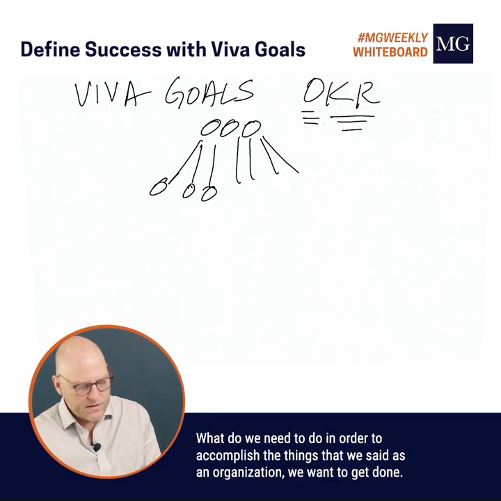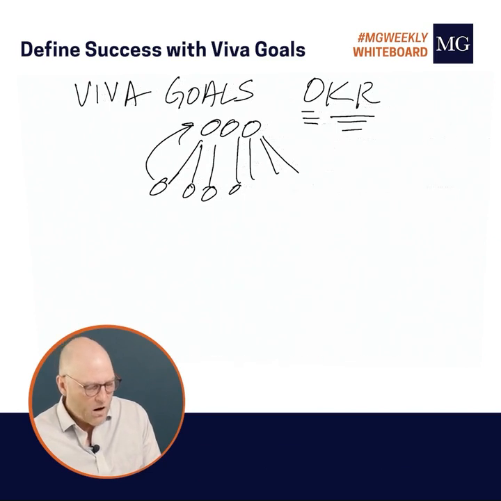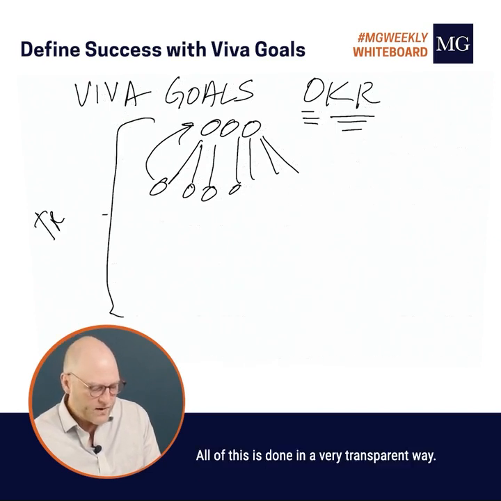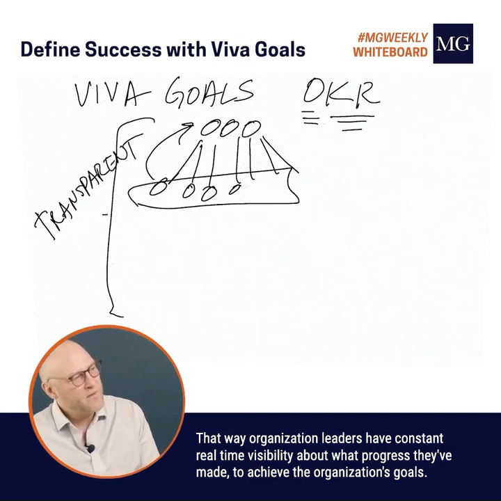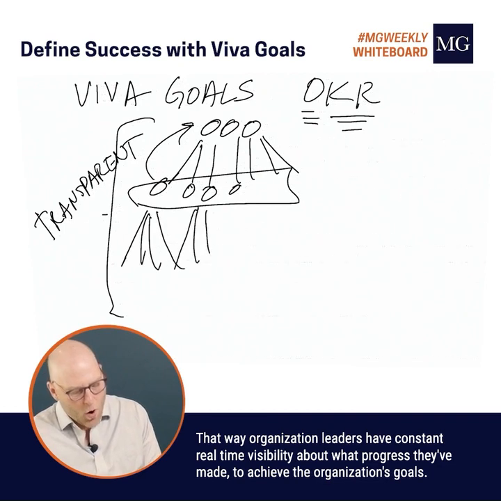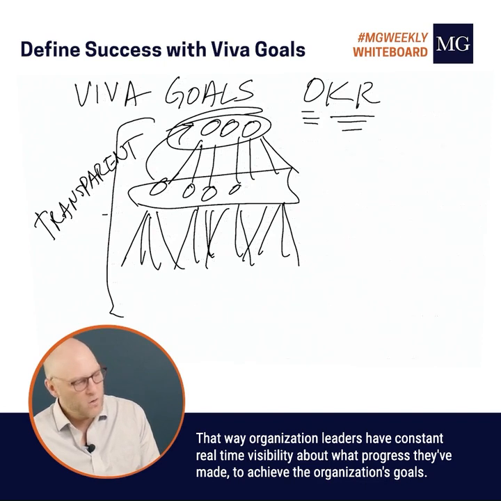What do we need to do in order to accomplish the things that we said as an organization we want to get done? All of this is done in a very transparent way. That way, organization leaders have constant real-time visibility about what progress they've made to achieve the organization's goals.